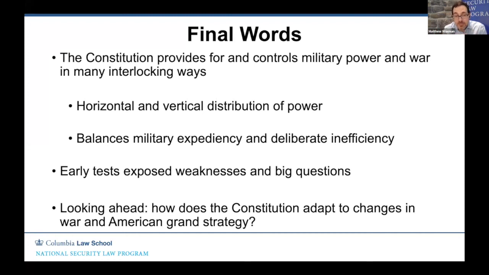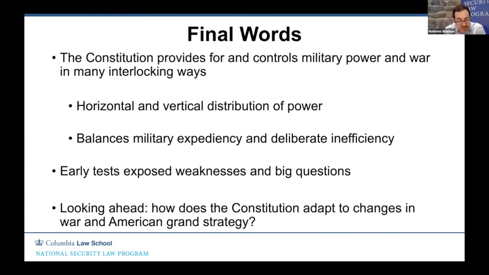What's important about those balances is that they're not just efforts at achieving military expediency, but also baking directly into the Constitution some deliberate inefficiencies, because some founders were concerned that if you build a machine that is too militarily effective, you'll be too tempted to use it. So they deliberately baked some military inefficiencies into the system.